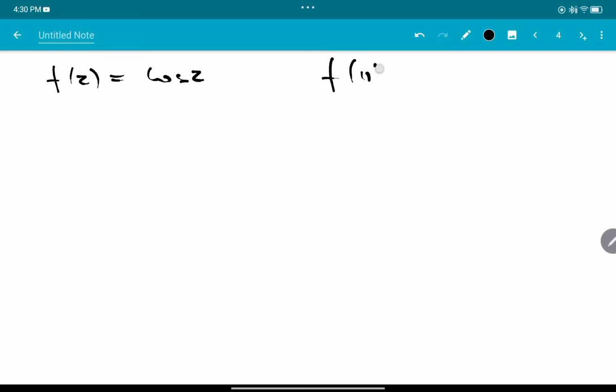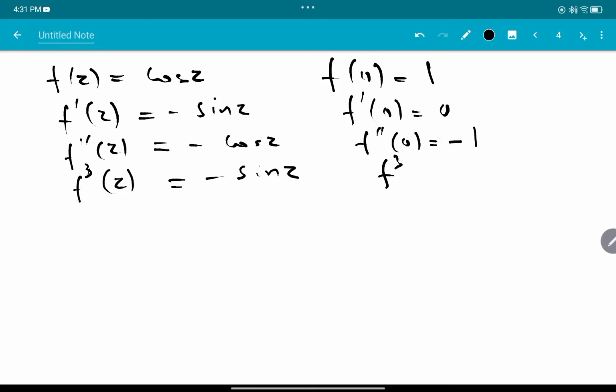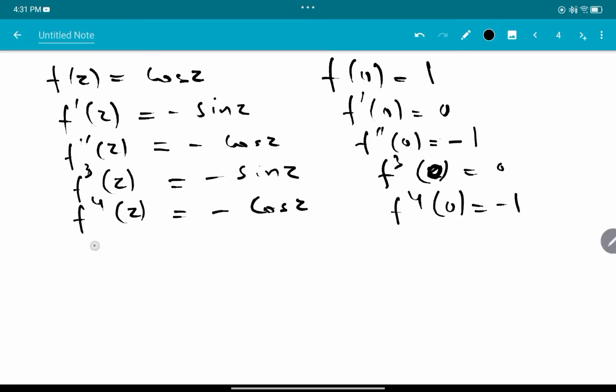Then f(0) is cos 0, that is 1. f'(z) is equal to minus sin z, so f'(0) is 0. f''(z) is equal to minus cos z, so f''(0) is minus cos 0, that is minus 1. f'''(z) is equal to minus sin z, so f'''(0) is 0. The fourth order derivative will be equal to minus cos z, so f4(0) will be minus 1, and so on.